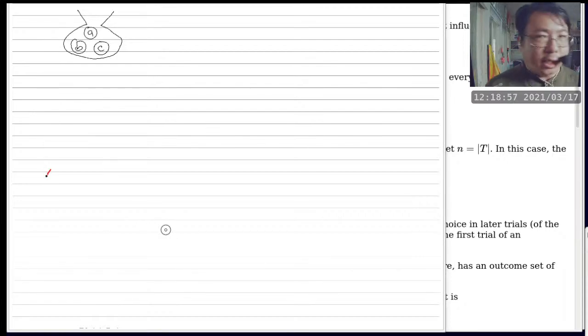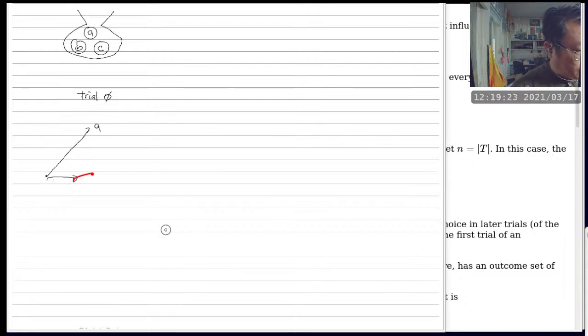So when you look at the outcomes of the experiment, it gets a little bit complicated. I shouldn't even use the term T0 here. Okay, so we'll just say trial 0. The first trial has 3 possibilities. I could have chosen A, I could have chosen B, or I could have chosen C from the first trial.